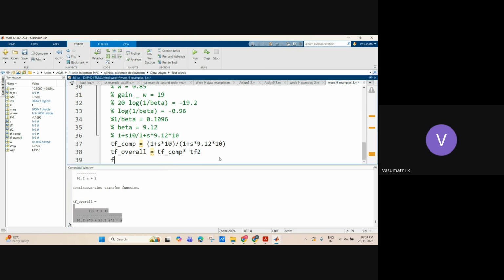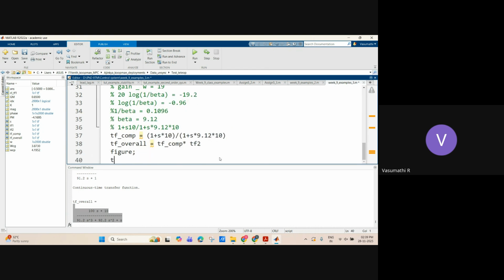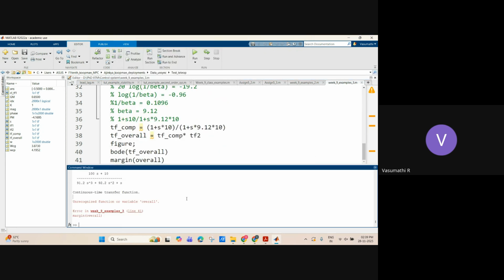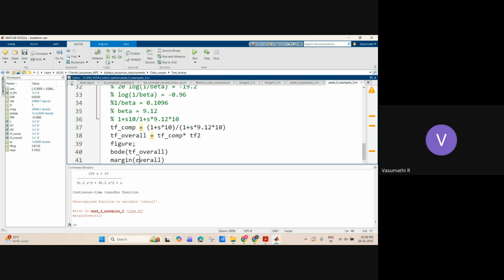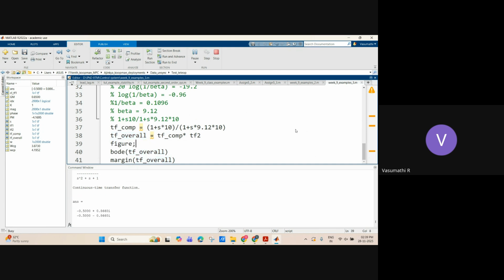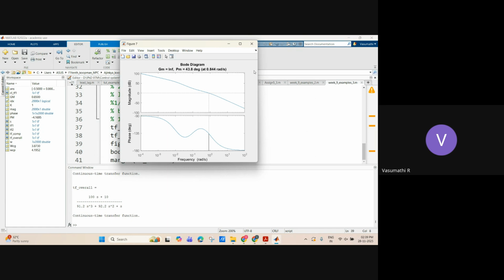Now we are finding the bode for this to check whether it has adjusted. Okay, right. The phase margin comes around 43.2.